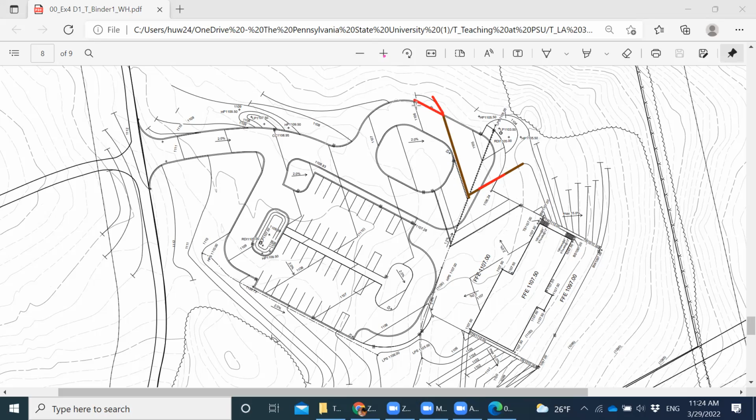So basically your 06 goes like this, and then goes like that. That's your 06. And your 07 looks like it's correct. 07 is correct.